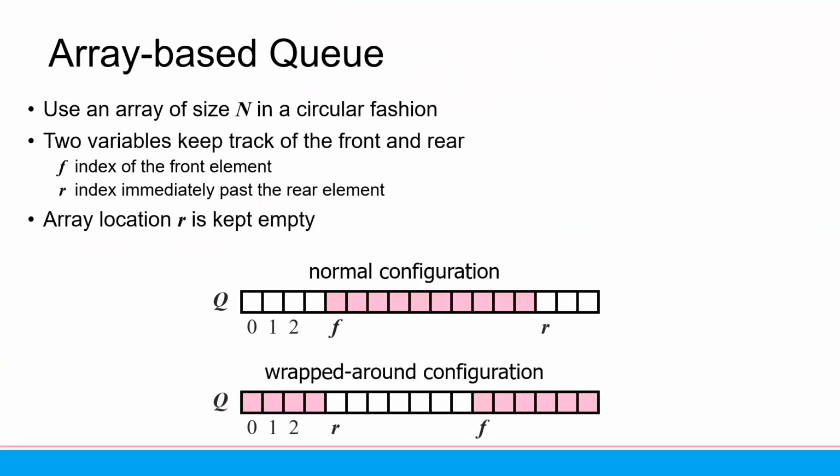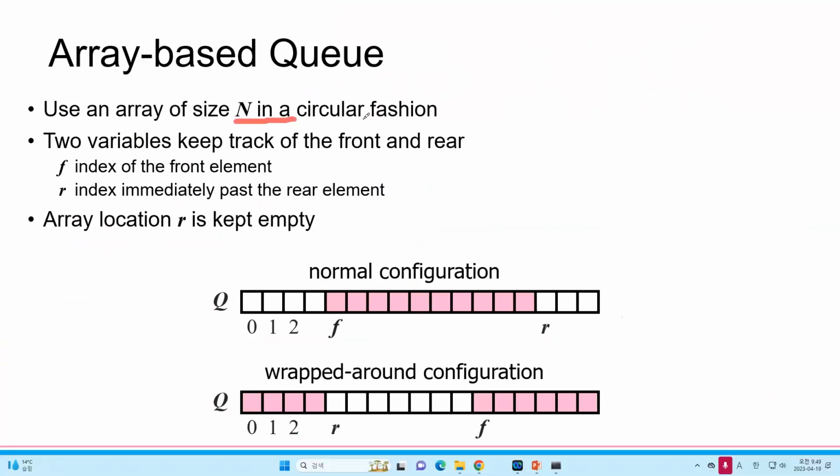When we use an array, it can be used in a circular fashion. Use an array of size n in a circular fashion. So it means we have an array with n size, and there will be two variables to keep track of front and end.